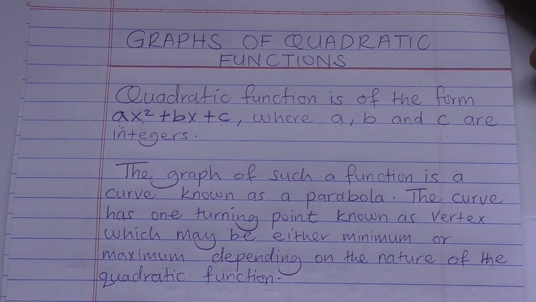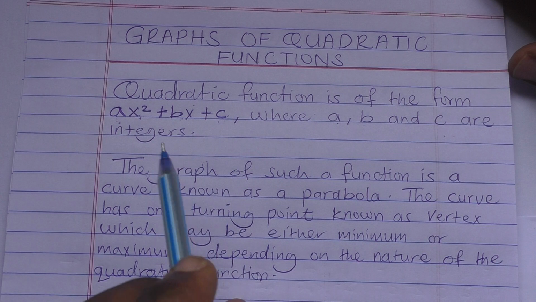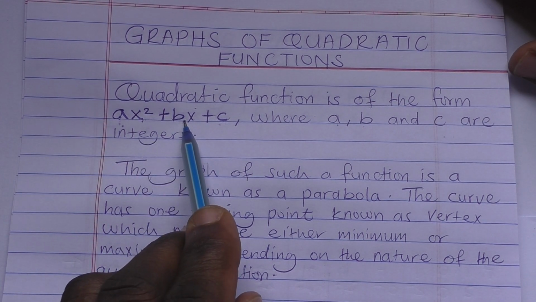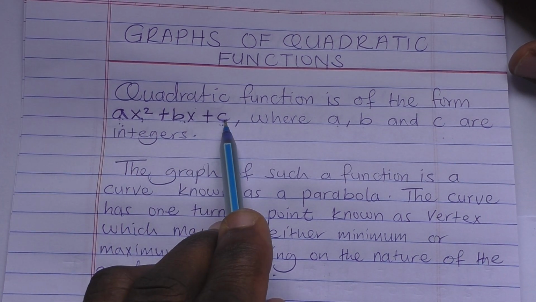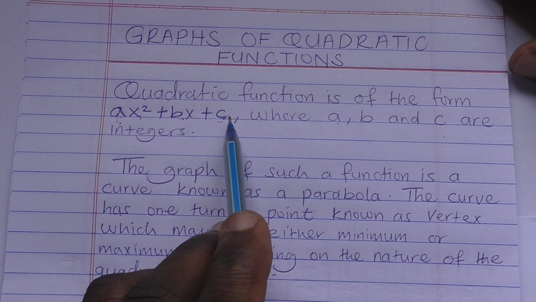A quadratic function is that in the form of ax squared plus bx plus c, where a, b, and c are integers, meaning they can be either positive or negative.